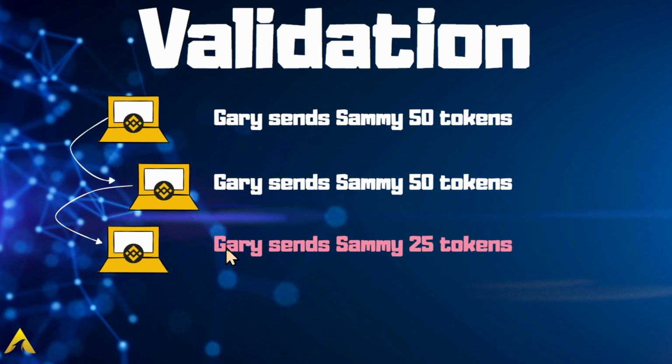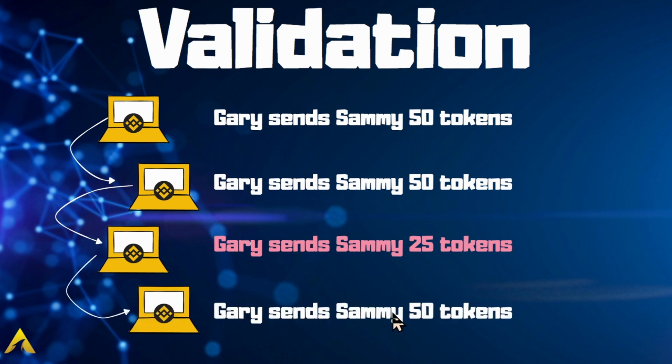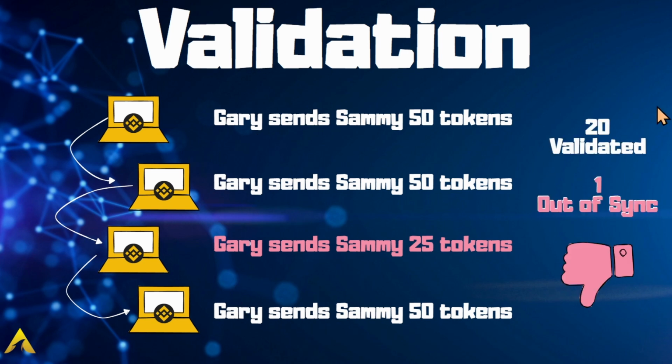But Validator 3 sees a transaction that says Gary sends Sammy 25 tokens, different than the other ones. Then Validator 4, and let's say this continues all the way to 21. 20 validators have the same transaction, and one is out of sync, and this transaction fails, and the tokens would not change hands. Okay, that's how the blockchain works.